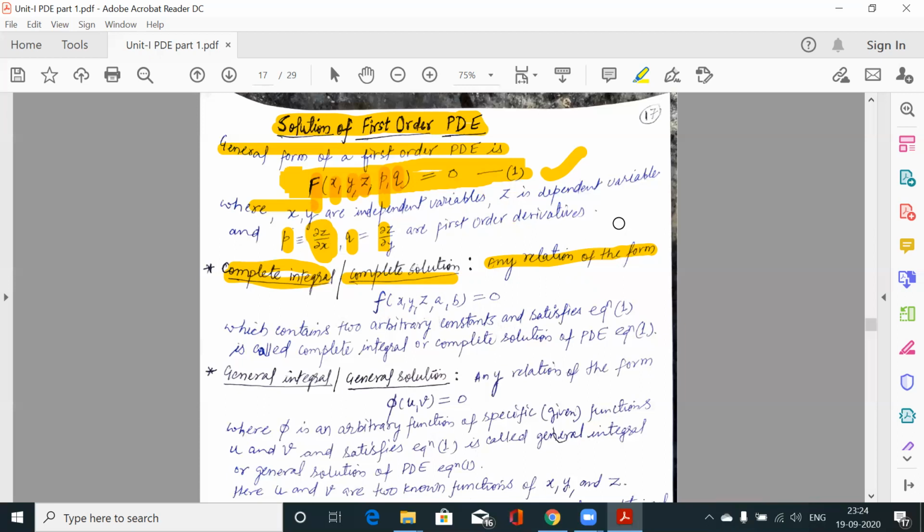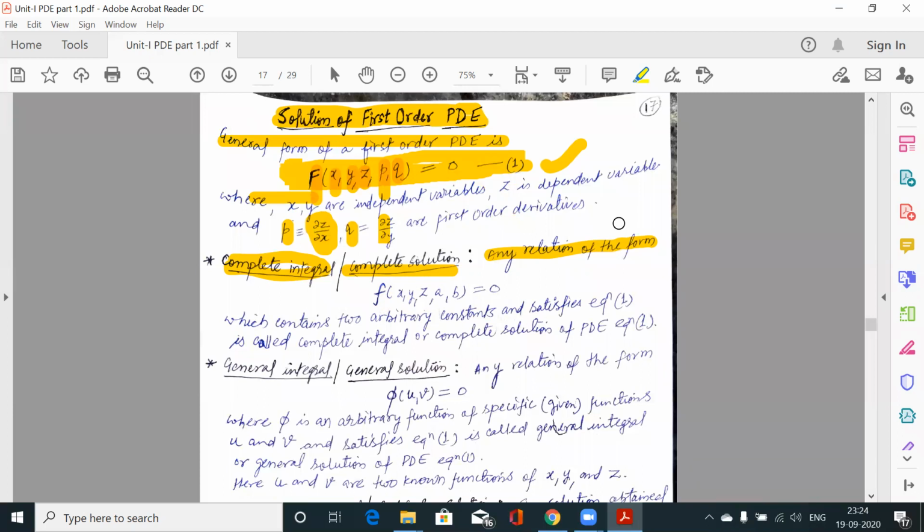If we have a type of PDE other than first order, we have other methods. So we need to recognize the type of PDE. Since it is first order PDE, we are in the process of learning how to solve first order PDE.